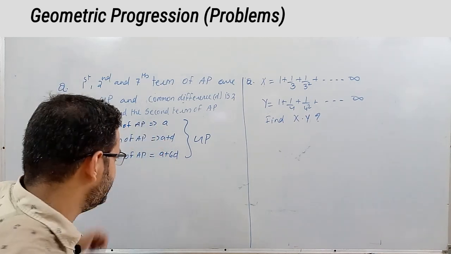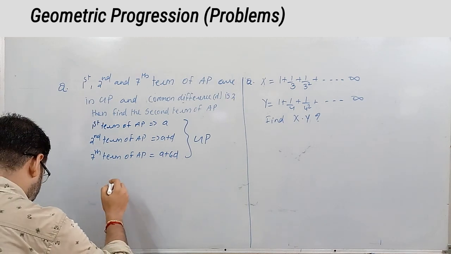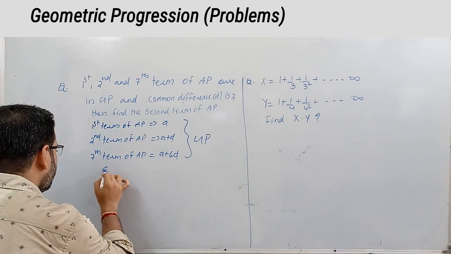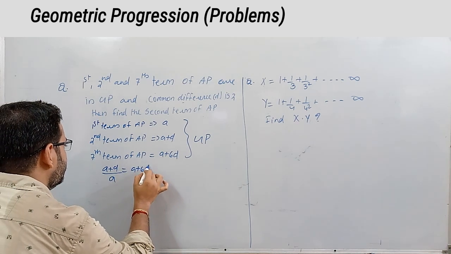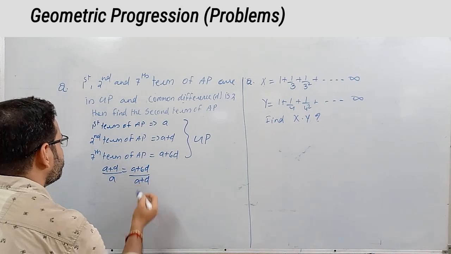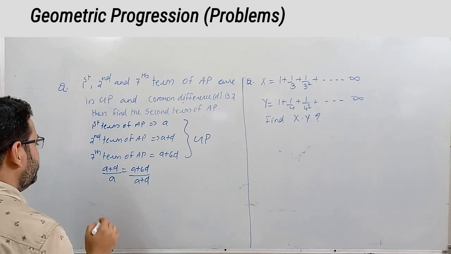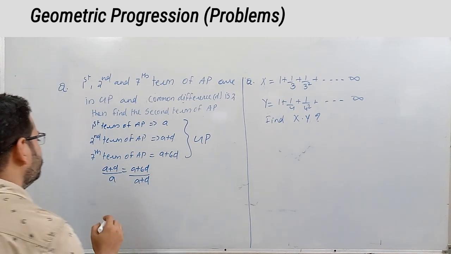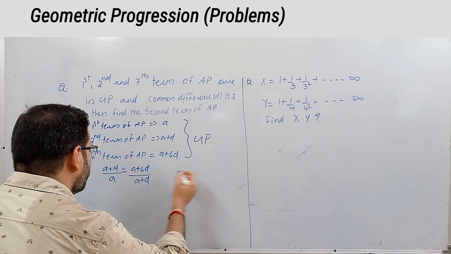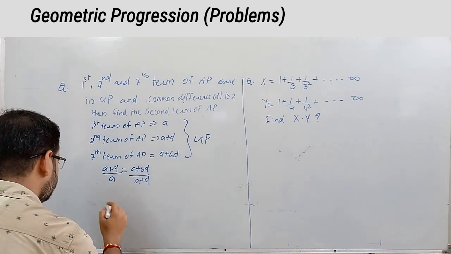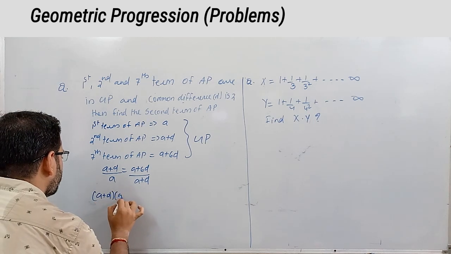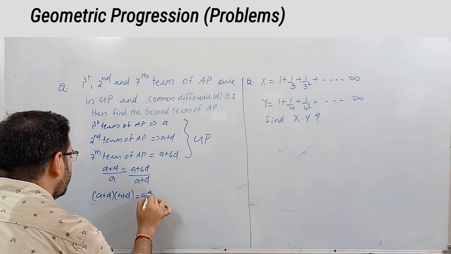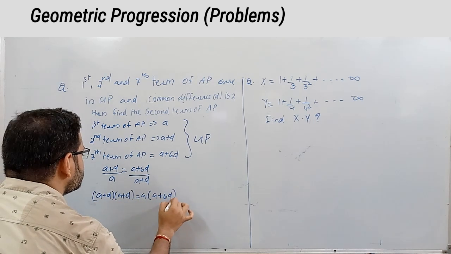That means the common ratio: A plus D divided by A is equal to A plus 6D divided by A plus D. Then cross multiplying, we get A plus D into A plus D is equal to A into A plus 6D.